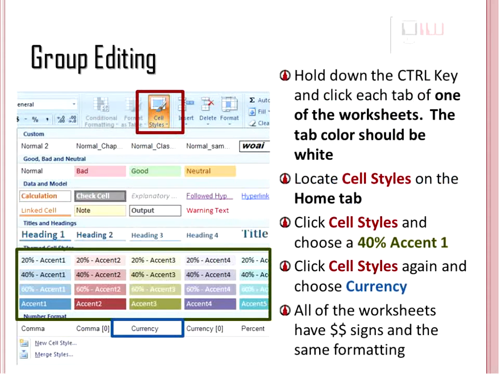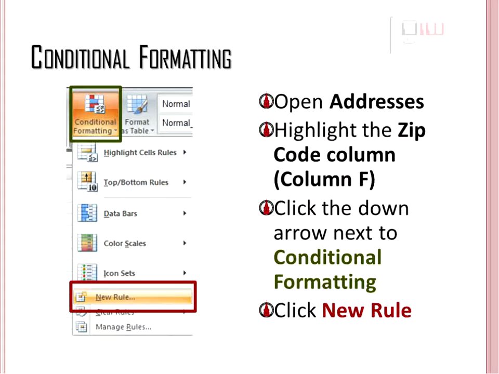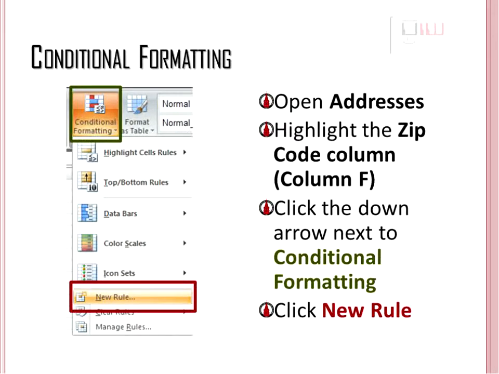Now that actually took care of that whole group editing, formatting, multiple formats. Couple of things, conditional formatting. Conditional formatting basically allows me to change a cell's font or style when certain conditions exist in it. For example, you can keep a list of students and format the cell to change depending on zip code.